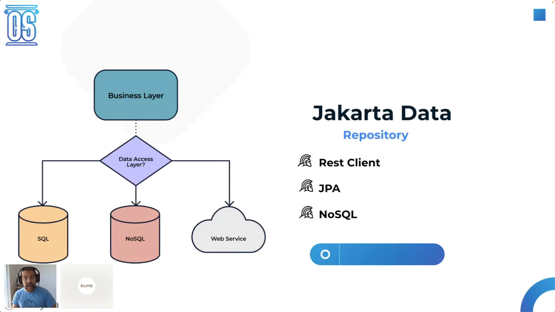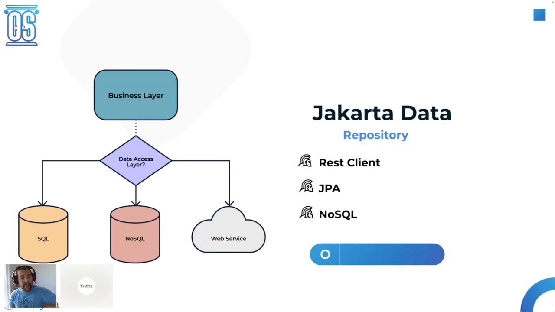Jakarta Data, I will explain a little bit, but by the way, who is familiar with Jakarta Data? The idea is to have a single repository. Oh, okay, nice. Based on this repository, I can integrate with several database engines. For example, I have my business layer, as in any kind of application architecture.